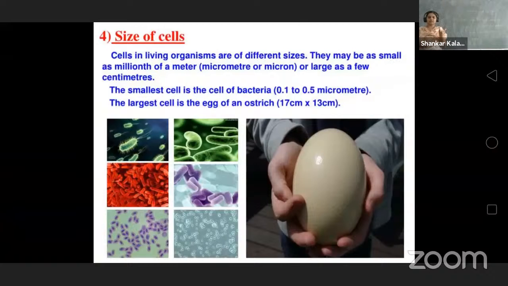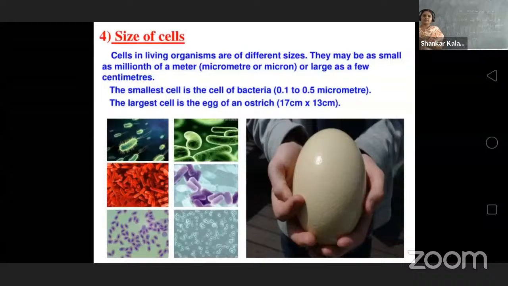So the largest cell is the egg of an ostrich. It is 17 centimeter into 13 centimeter, length into breadth.